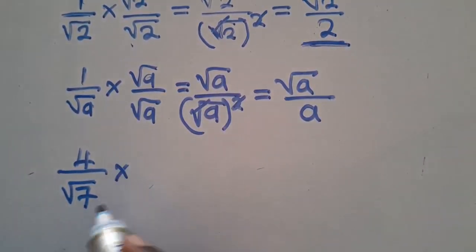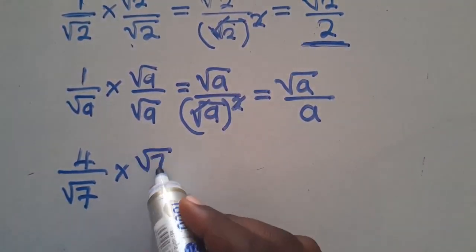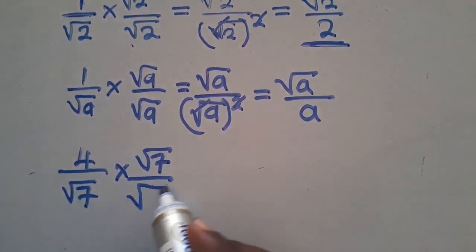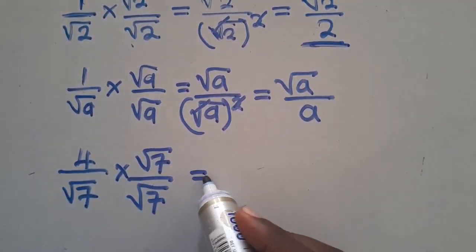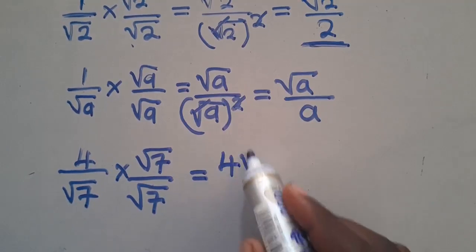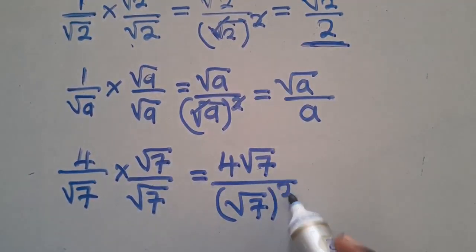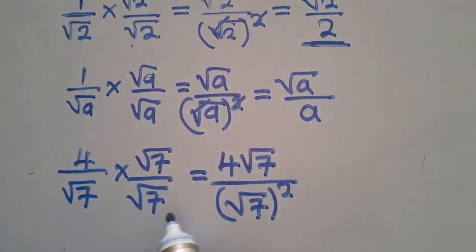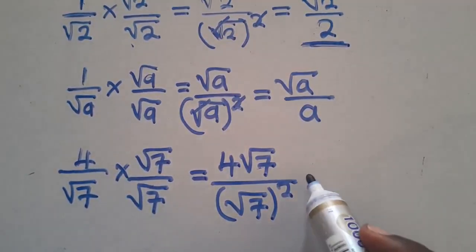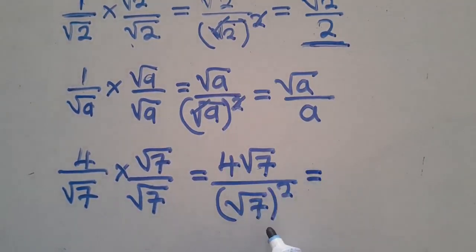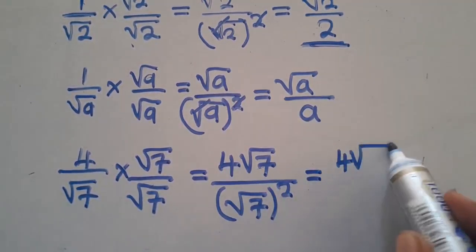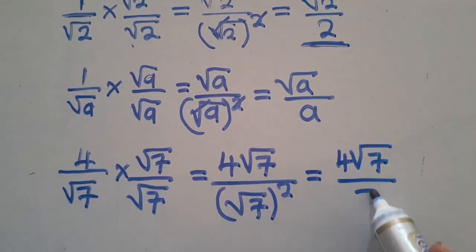You multiply both sides by root 7, so here root 7 and there root 7. On top you get 4 root 7, and down here you get root 7 in brackets squared, because you are multiplying the same thing. What is the answer there? 4 root 7 over 7. So this is your answer.